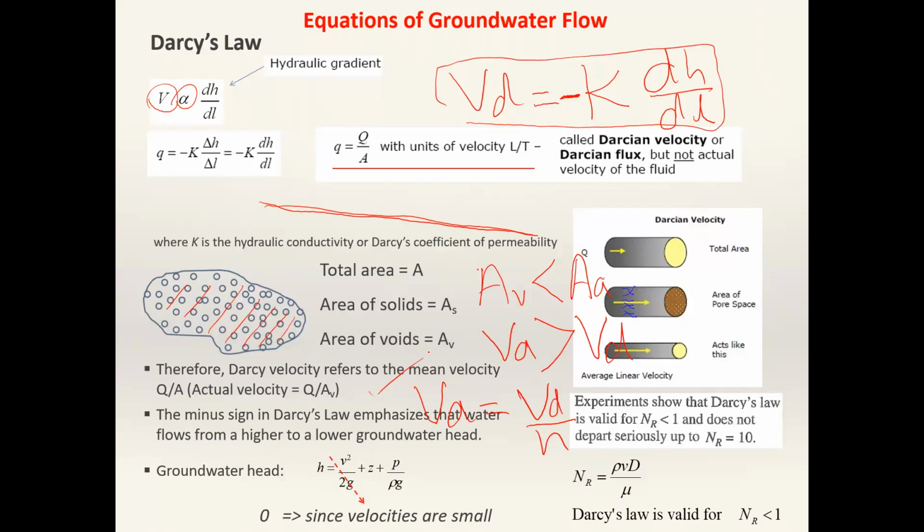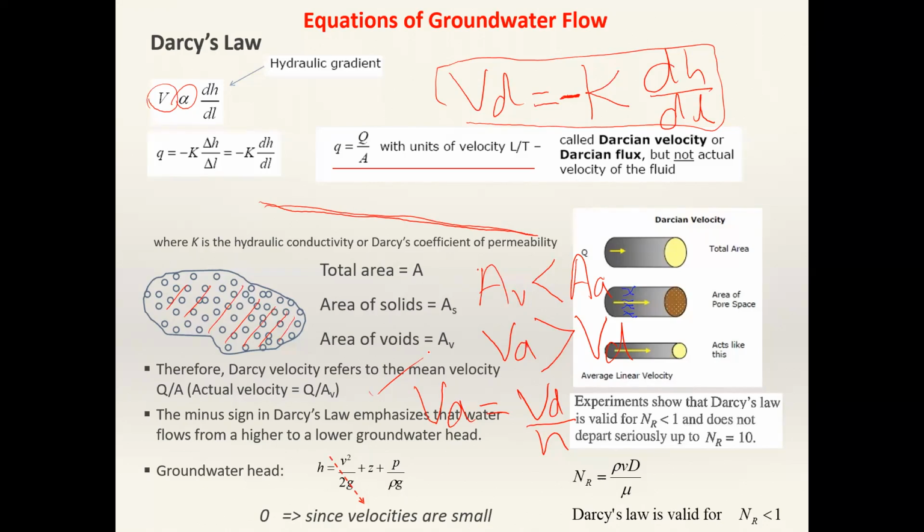Now, probably you remember when we talked about pipe flow, the friction factor that you calculate depends on the type of flow. It can be laminar flow or turbulent flow. So how do we define it? We define laminar or turbulent flow depending on the water velocity.